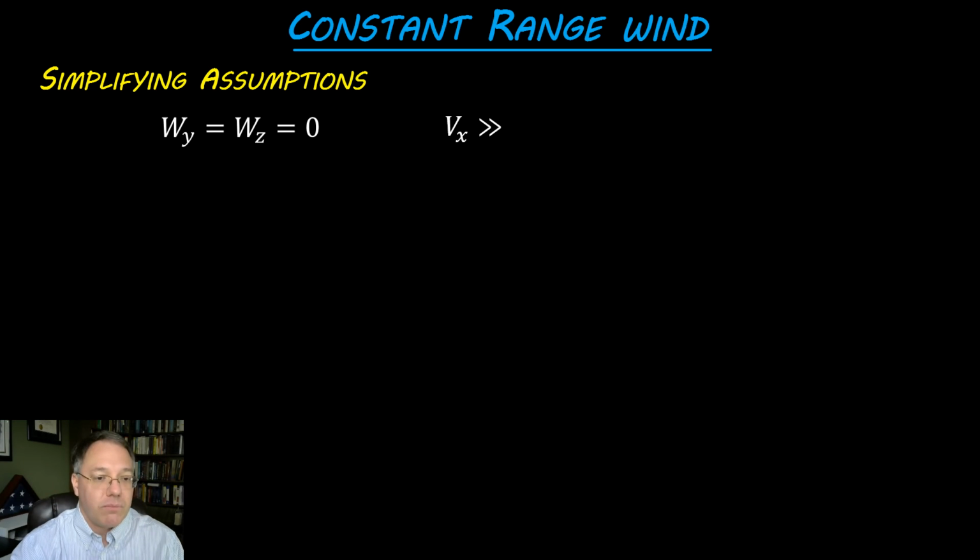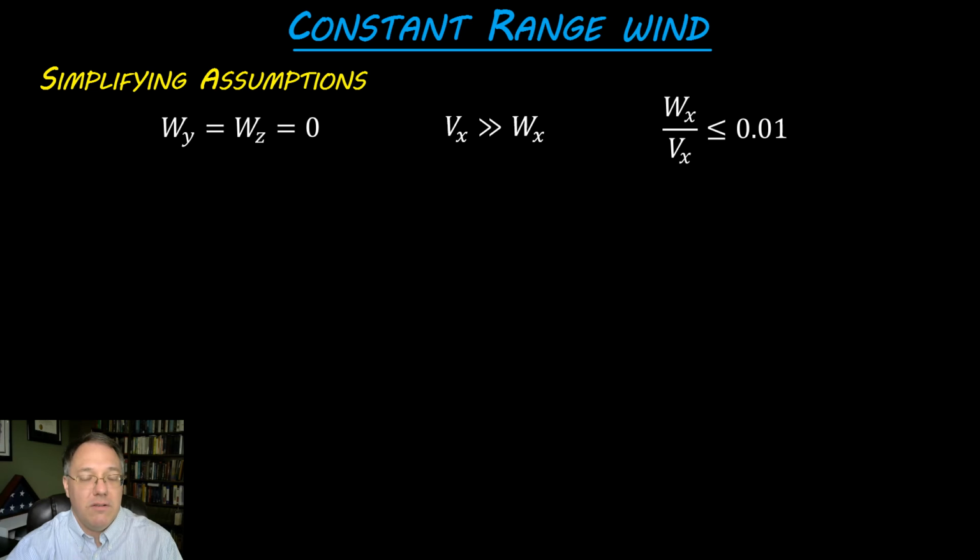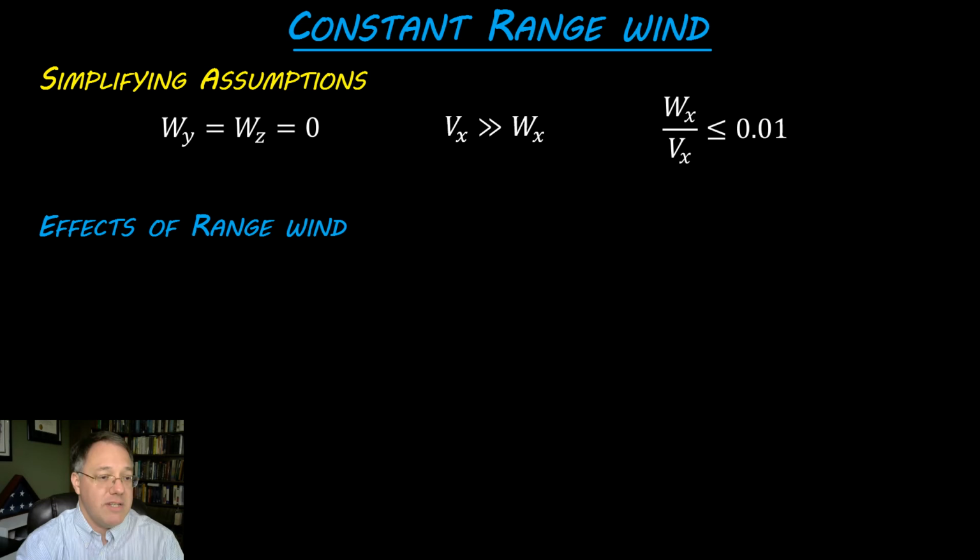We're going to assume again that the velocity of the projectile is much greater than the wind velocity, and to ensure that we meet that, we have a criterion that the ratio of the wind to the velocity in the x direction is less than 0.01. So what are the effects of the range wind when we take those assumptions in?